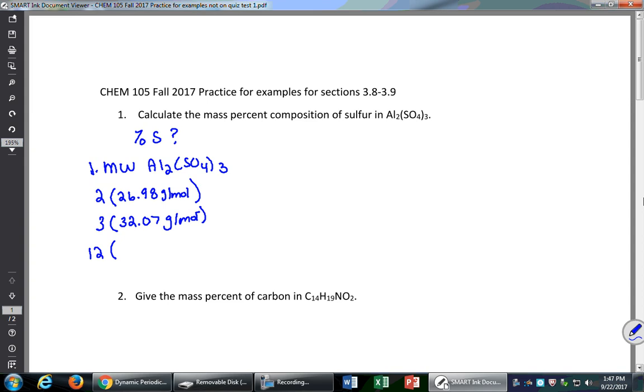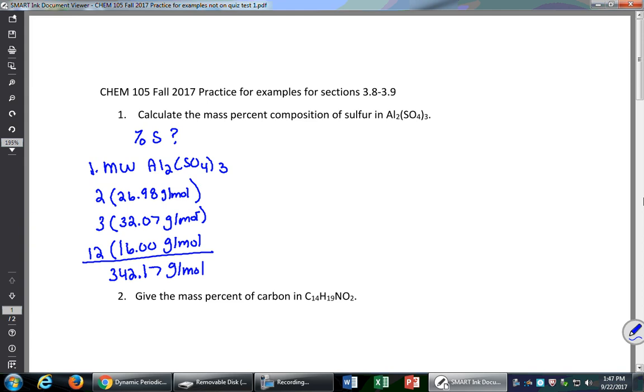So looking on the periodic table, of course, that's 16. So calculating that, we'll get 342.17 grams per mole. Any questions with that? It's our molecular formula. So that's our whole. That's our mass of our whole.